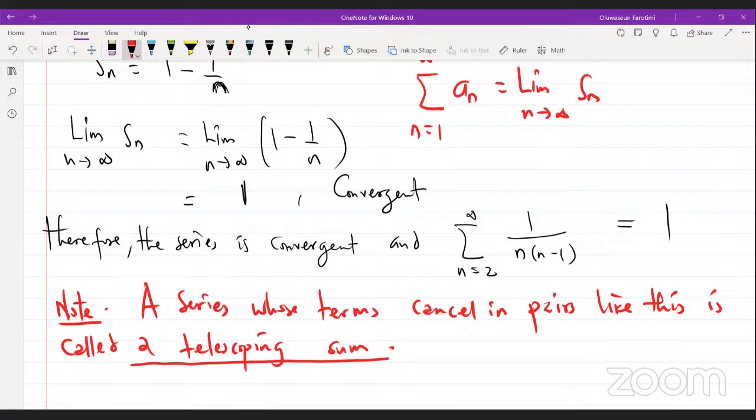Okay, so let's see a couple of other things we should learn going forward. We should actually learn about, there's a so-called test for divergence. We should learn that and some other kind of definitions.